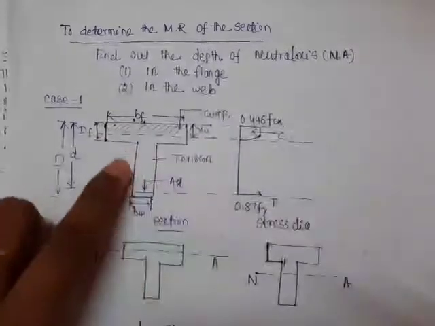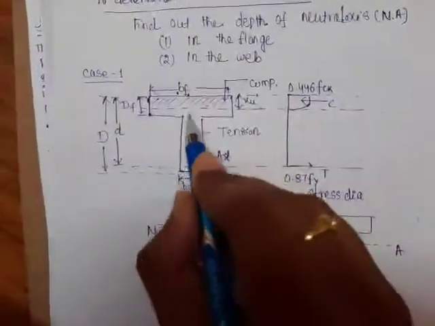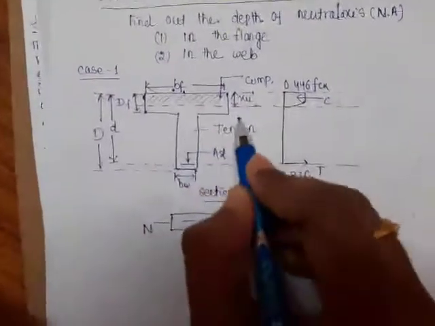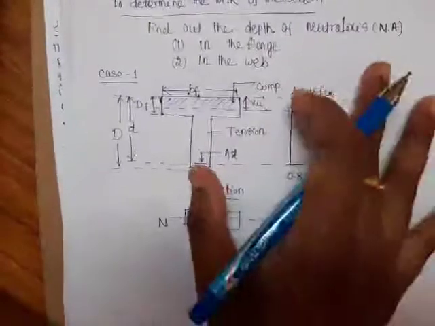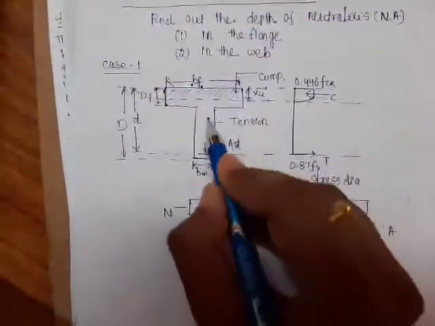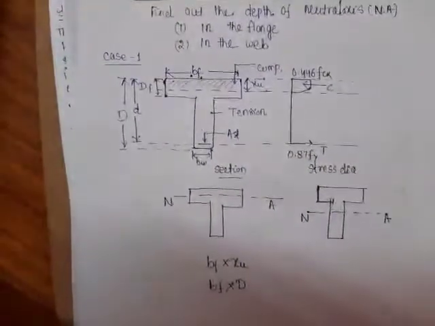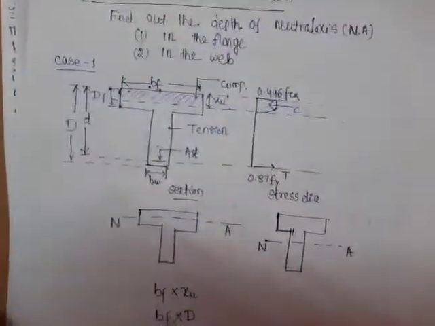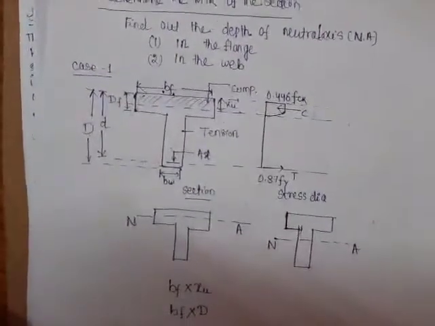The portion of the T-beam below the neutral axis has no role to play, as the concrete will not carry the tension. For that we have to provide the reinforcement.